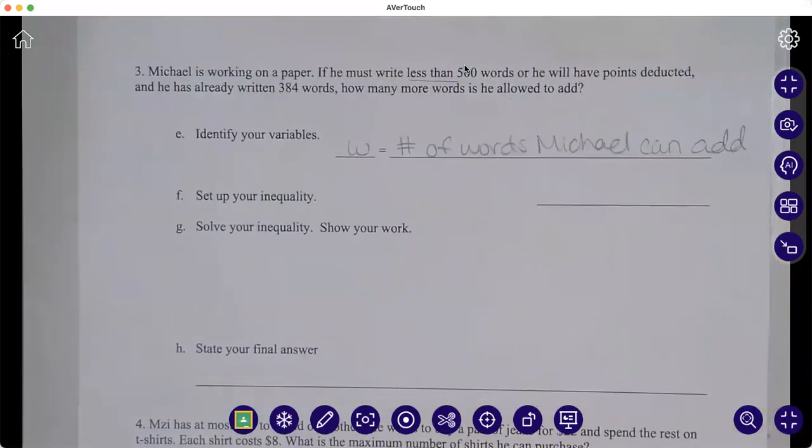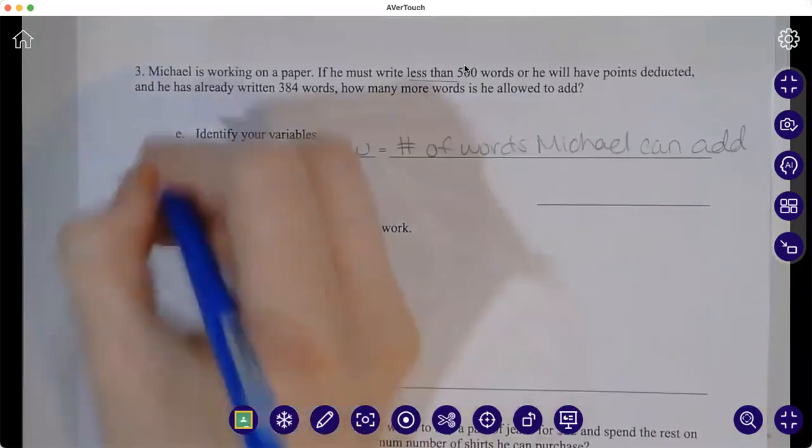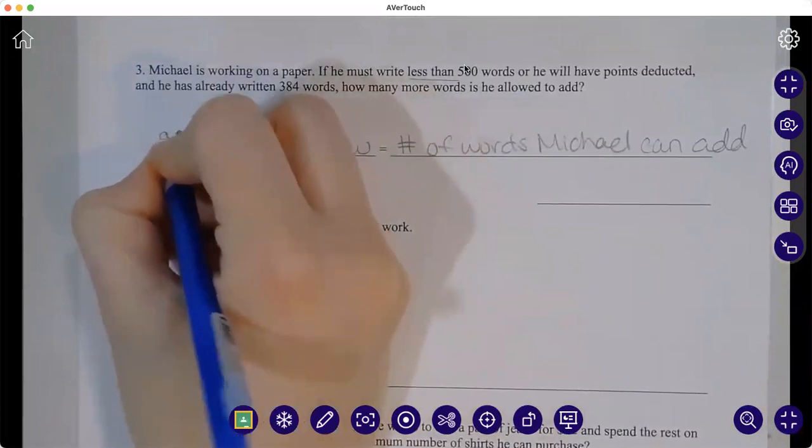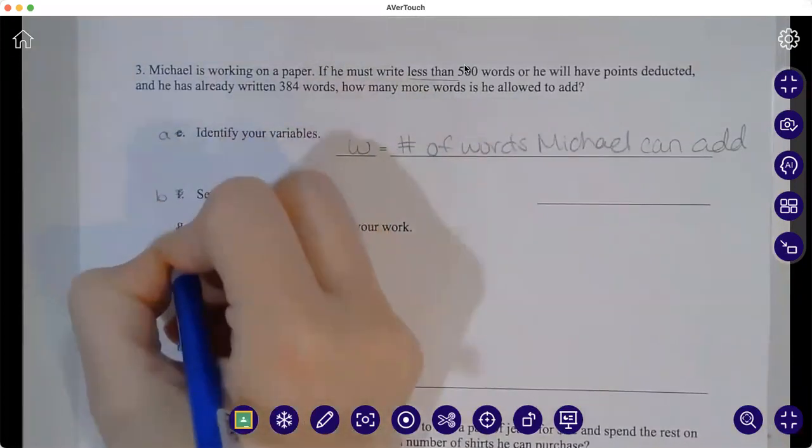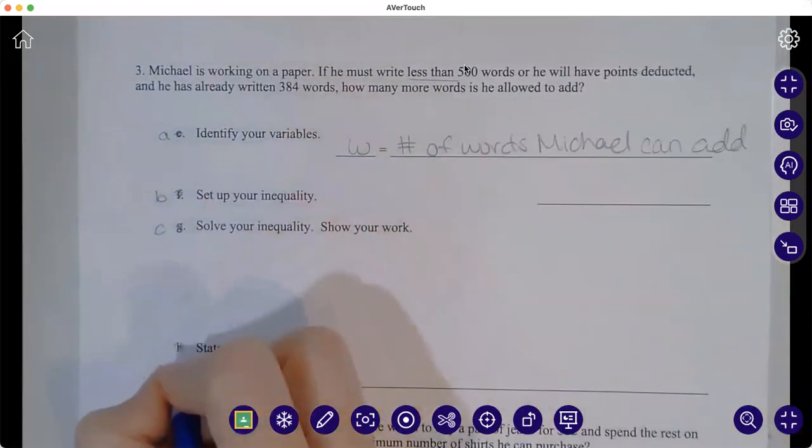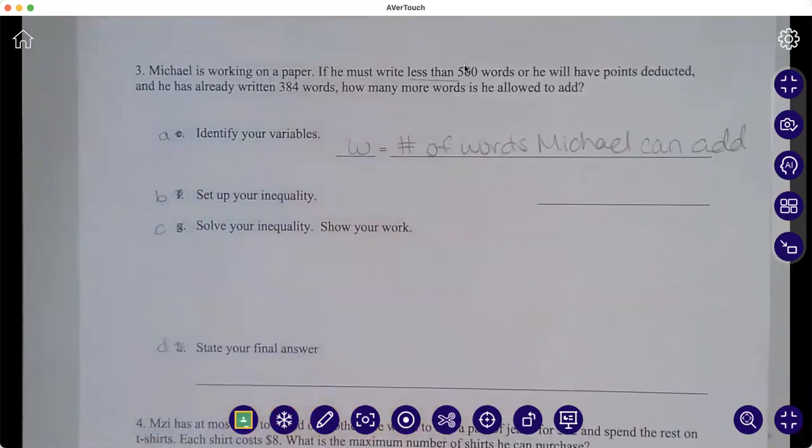Now we want to go ahead and set up your inequality, solve your inequality, and show your work. And I just realized this, for some reason, got re-listed as this. I will fix that for your print, for your copy. Go ahead and write your inequality from here.